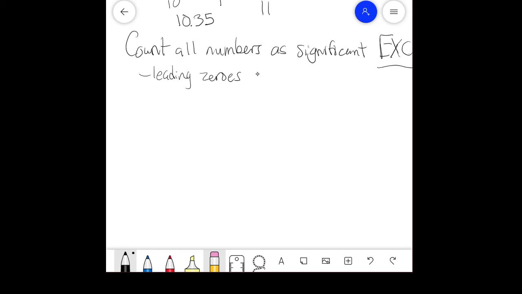So say you had 0.0025. These are leading zeros, so you would not count those as significant, so this would just have 2 sig figs. You also do not include trailing zeros.